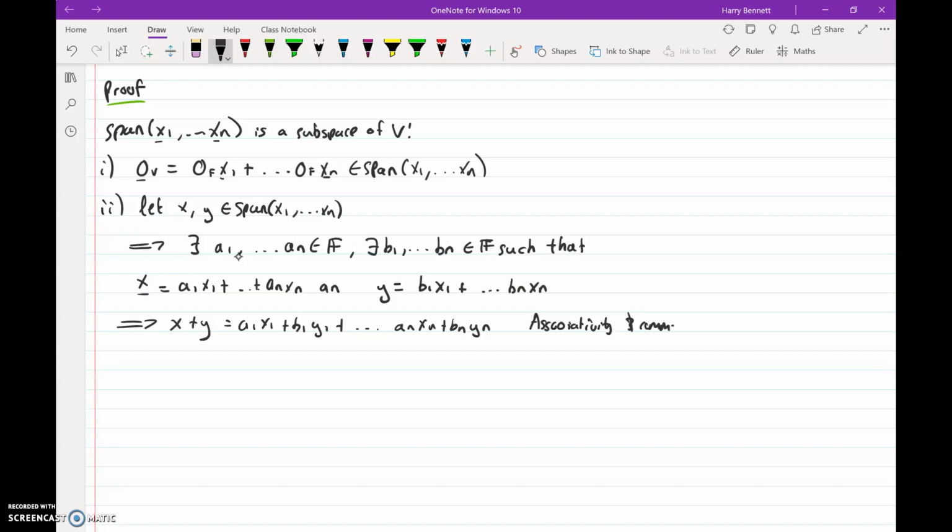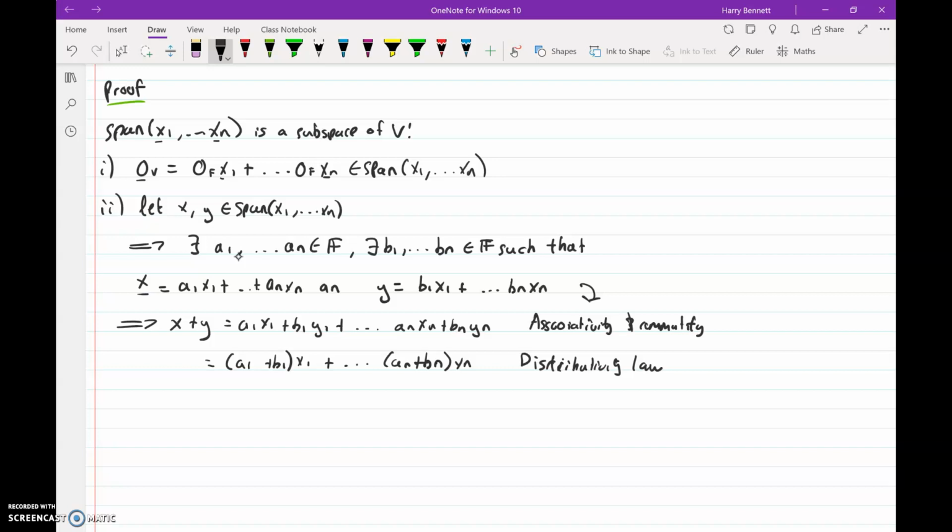We've used associativity and commutativity of vector spaces to go from this step to this step when we've added them. And then we can use the distributivity axiom to pull out certain elements. So this is equal to a1 plus b1 multiplied by x1 plus up to an plus bn multiplied by xn, and this is using the distributivity law of a vector space.